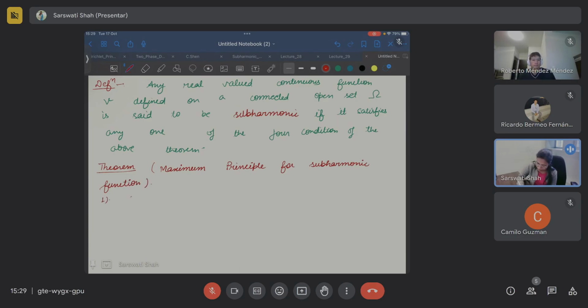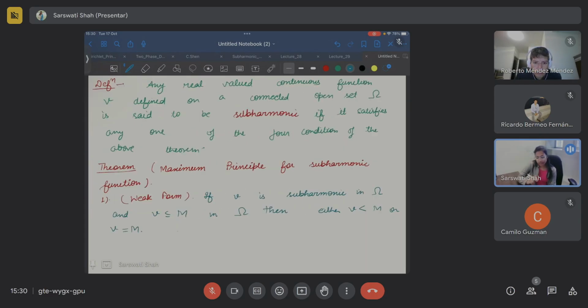First the weak form: if v is subharmonic in omega and v is less than or equal to m in omega, then either v will be strictly less than m or v equals m.